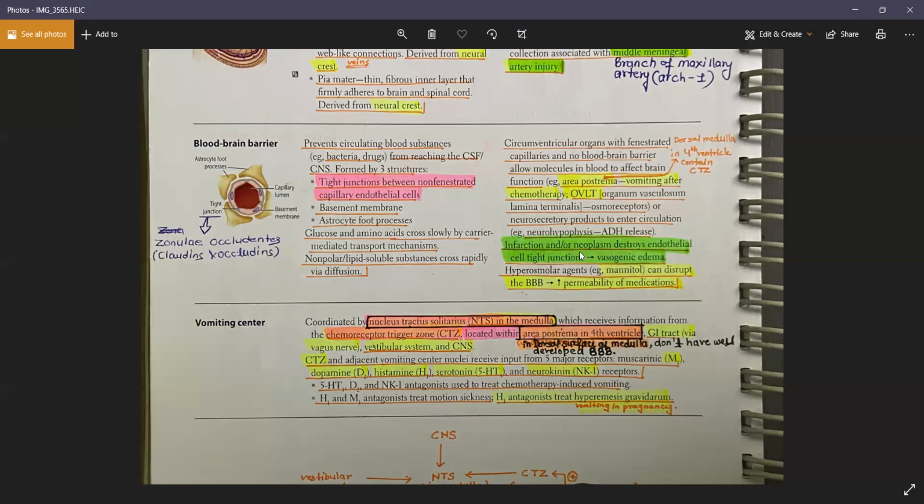And how does the blood-brain barrier get damaged? Toxins and medications, of course mannitol, but the second most important one is inflammation, right? Because of the inflammation, you can have damage of the blood-brain barrier. The blood will start entering your brain, and it will cause the edema there. And that edema is known as the vasogenic edema.